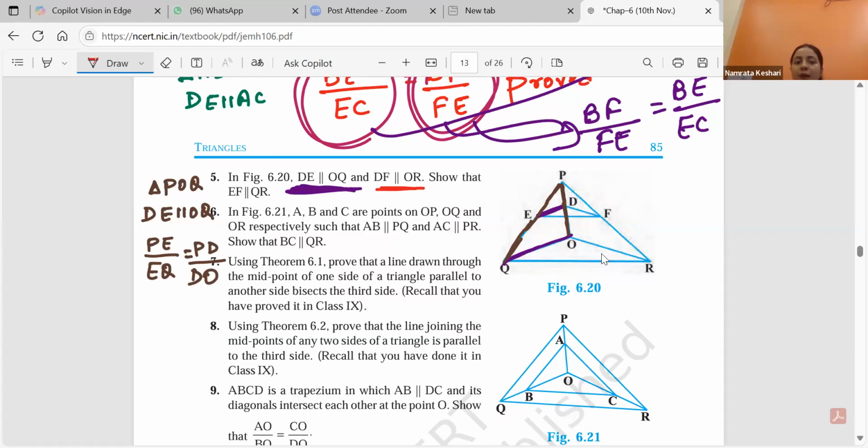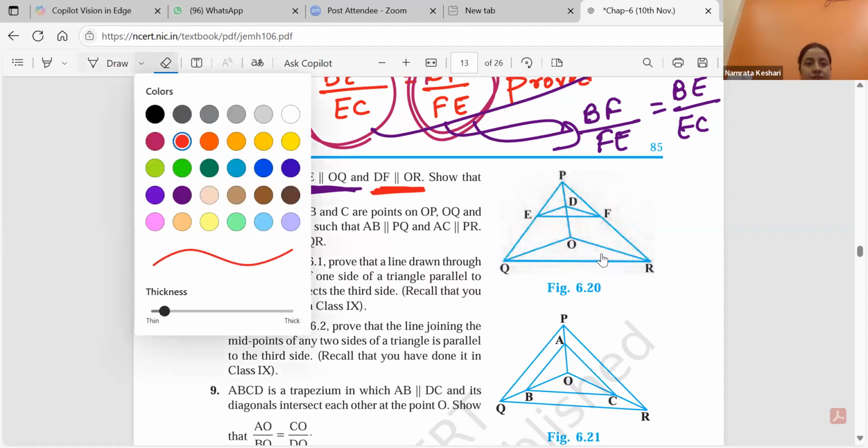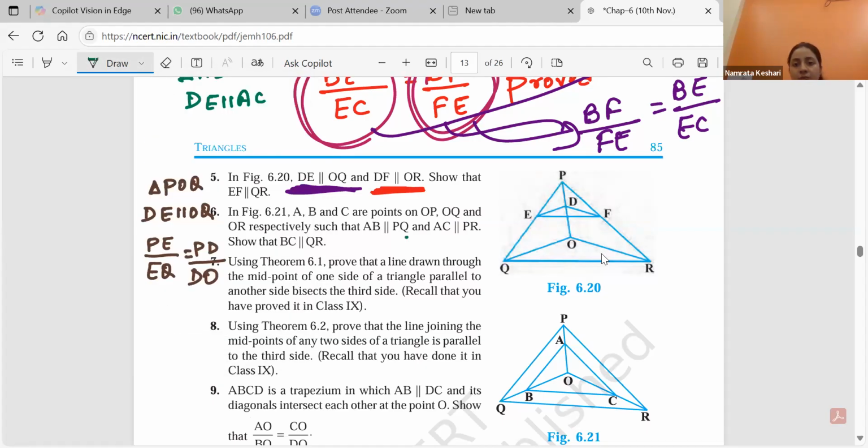DF is parallel to OR. I'm going to rub everything. DF and OR. Now tell me the name of the triangle.